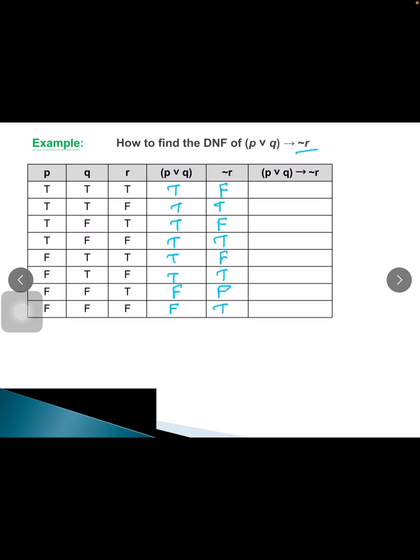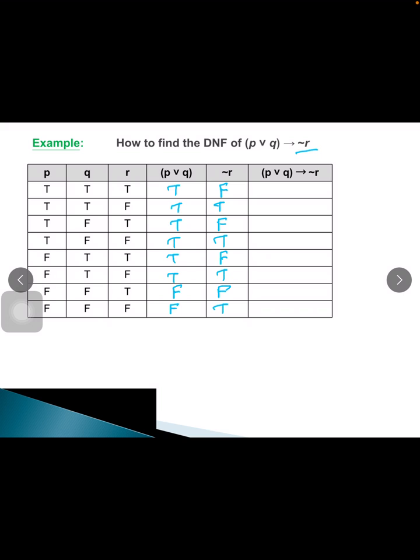Now we want to find P or Q implies negation of R. So we apply the implication, and in the case of implication the truth value is false only if the first is true and the second proposition is false, otherwise it is true.